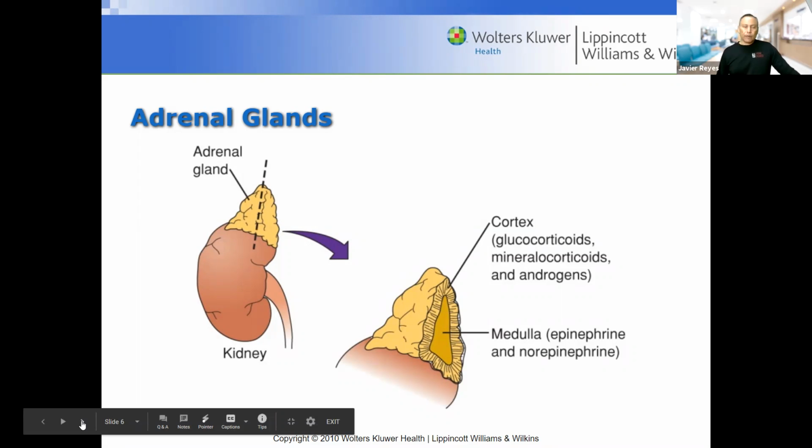These glands are very important because they produce a lot of the hormones, like cortisol, which is the stress hormone, corticosteroids, mineralocorticoids, and androgens, and so on. They affect the kidneys, but they also affect your entire body. So whenever they release any chemicals, these would be the ones to help you feel better.